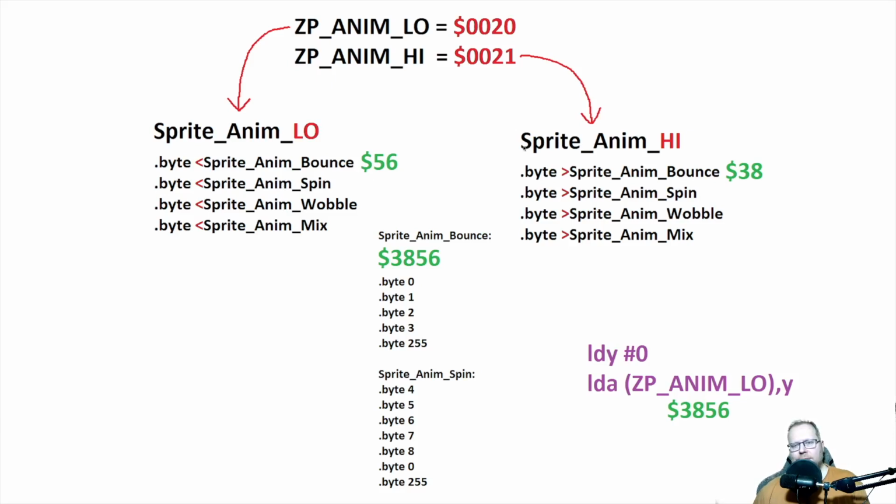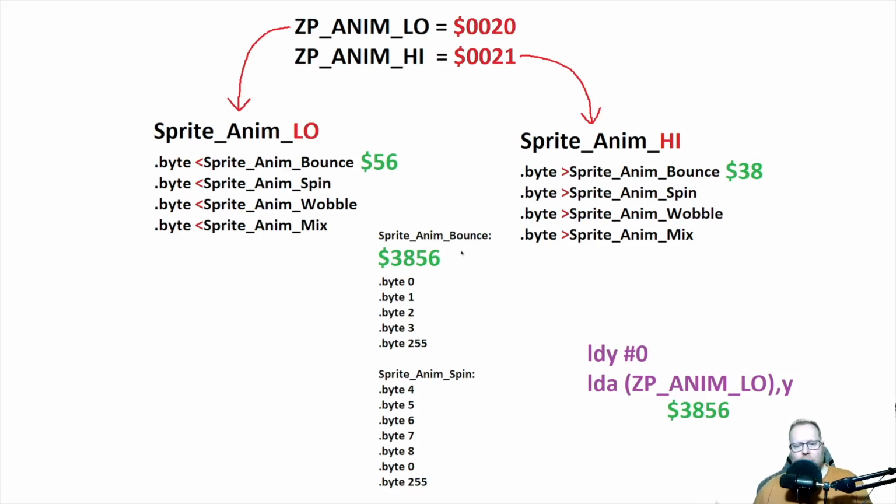Same thing for cp anim high, the zero page address that contains the high byte of my memory address. So it's a little complex. You need to be kind of comfortable with zero page indexing, but basically this is how I have set this up, right?